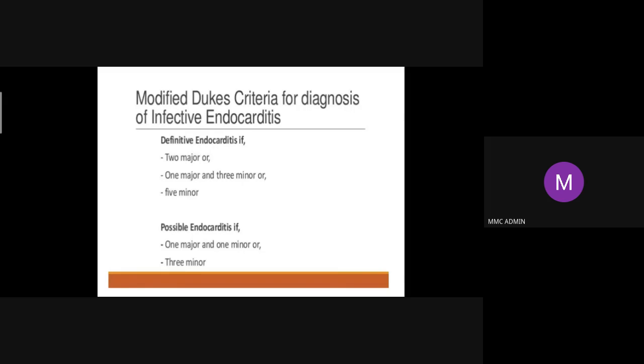To call it definitive endocarditis, two major criteria should be there, or one major and three minor criteria, or five minor criteria. If only one major and one minor, or three minor are there, we'll say it is possible endocarditis.